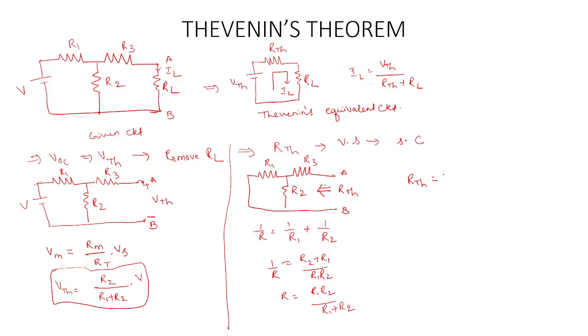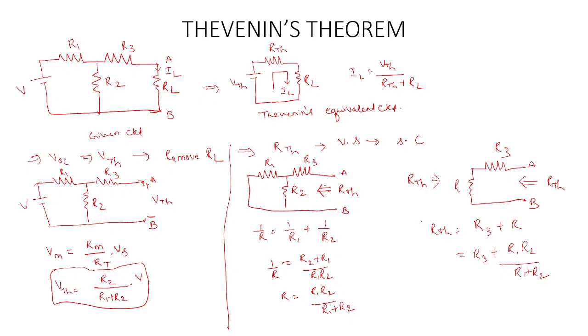Finally the circuit can be redrawn as this is R3 and here it is R, which we have calculated now, and AB. So R Thevenin is equal to R3 plus R. So it is R3 plus R1 R2 by R1 plus R2. So R Thevenin is obtained.